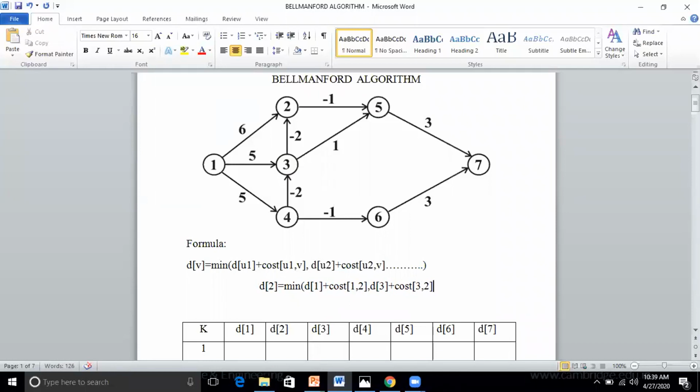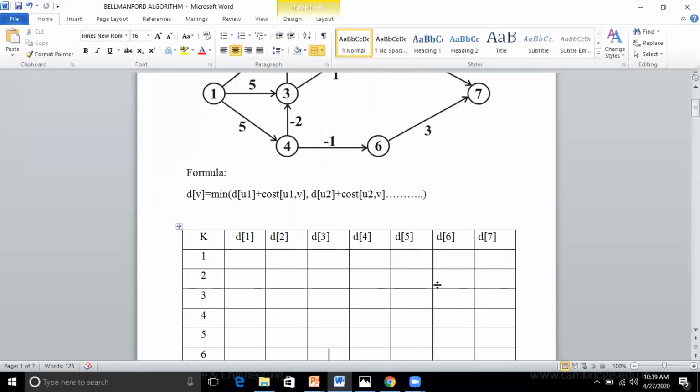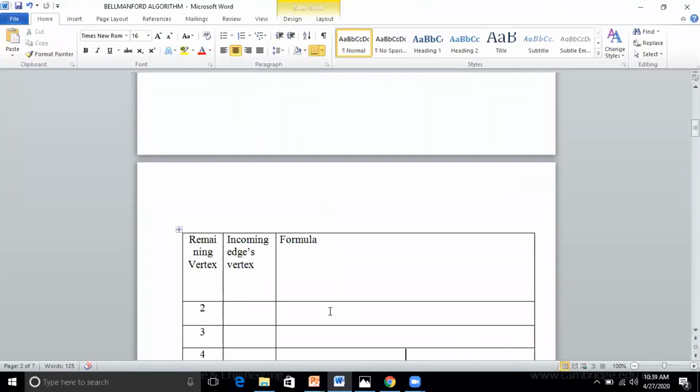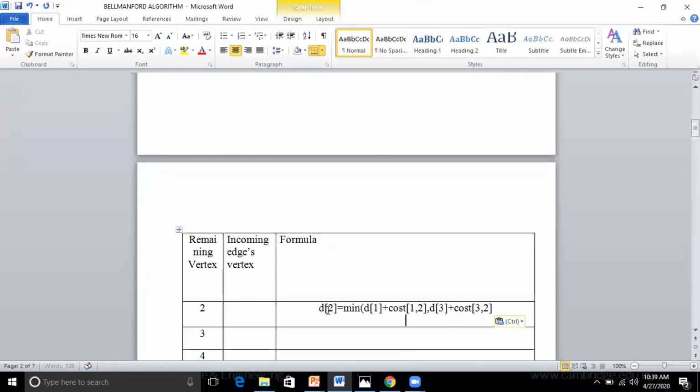Understood, right? So now if you understand how to write this formula, this problem will be very easy. Now I'll be putting this formula here. Which are the incoming edge vertices? 1 comma 3.